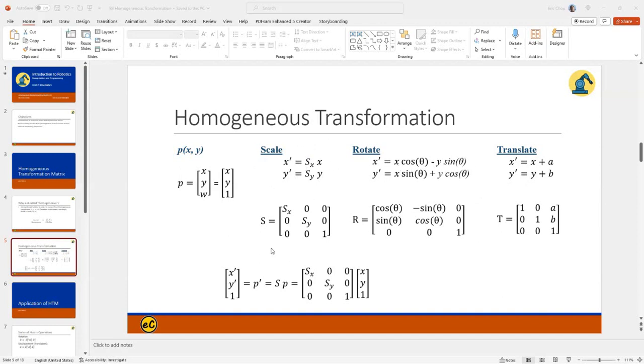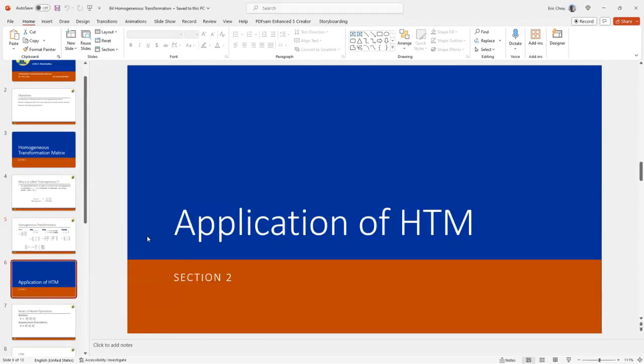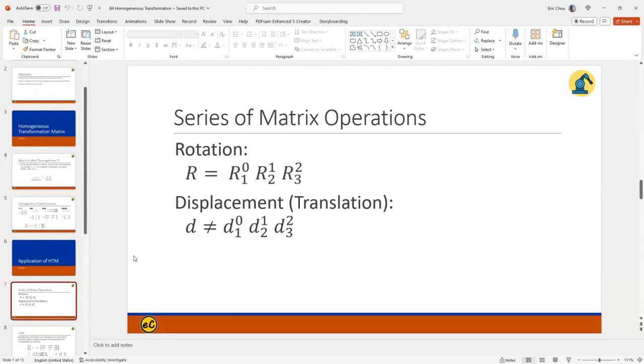And scale doesn't happen on a robot, a robot doesn't become bigger or smaller. But anyway, we put it together over here, and then this will show you the application of this. You do everything together.